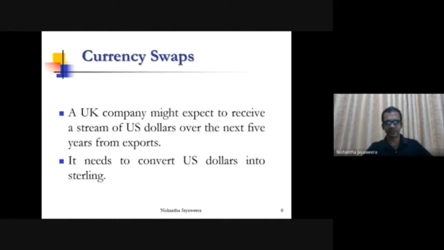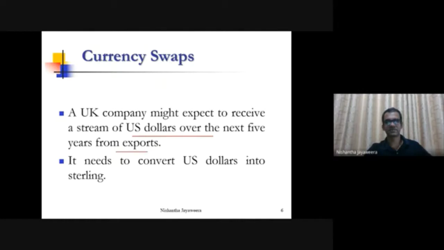Okay. This example is a real usage. How do we use this currency swap? Read it carefully. A UK company might expect to receive a stream of US dollars over the next 5 years from exports.